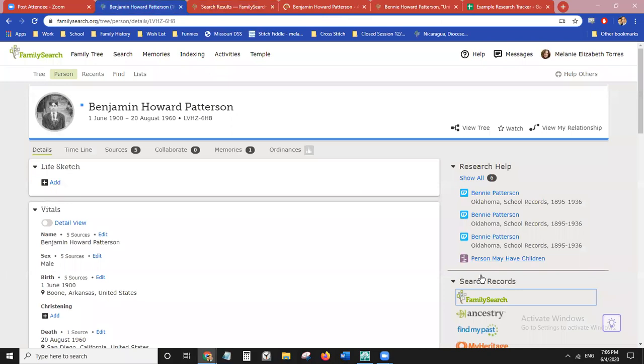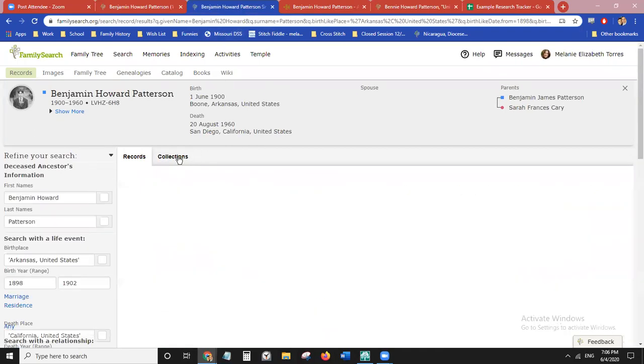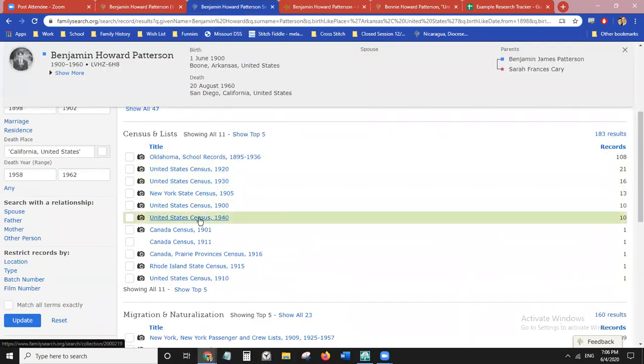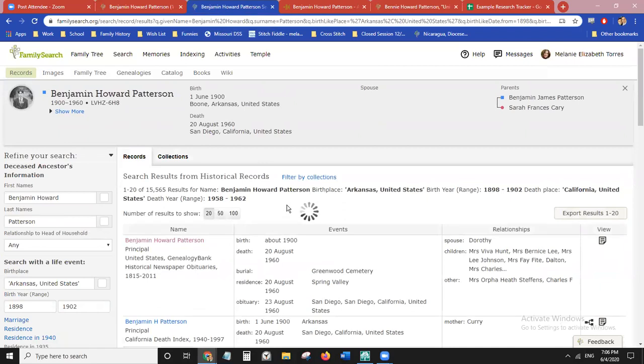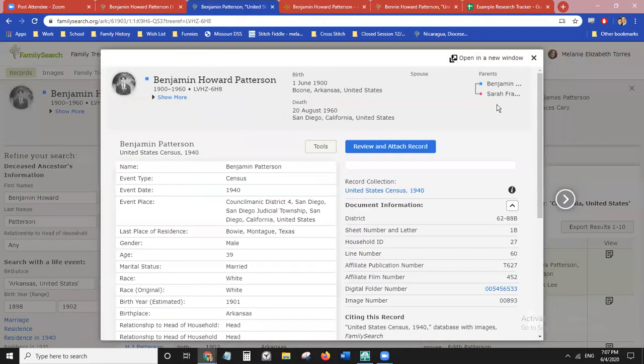I'm going to use the search records feature right here on the right to take all the information that we already have and search for it, rather than looking for all this on my own. I'm going to filter it by 1940 census. There we go. There's the census we were thinking about.